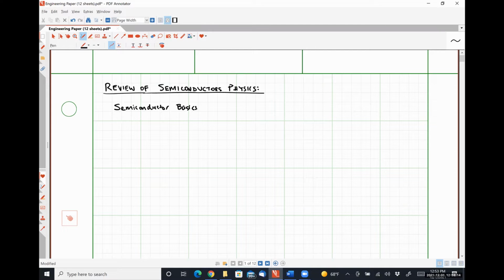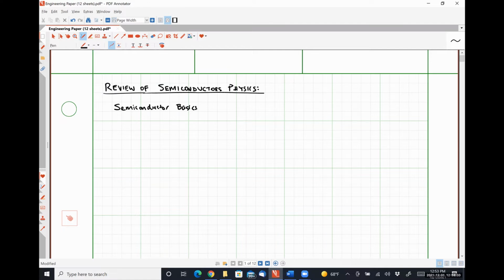In addition to single element semiconductors, we also have multiple element semiconductors or compound semiconductors. So silicon carbide, we put 2 elements from group 4 together, we still get a semiconductor. Silicon germanium is also a semiconductor.